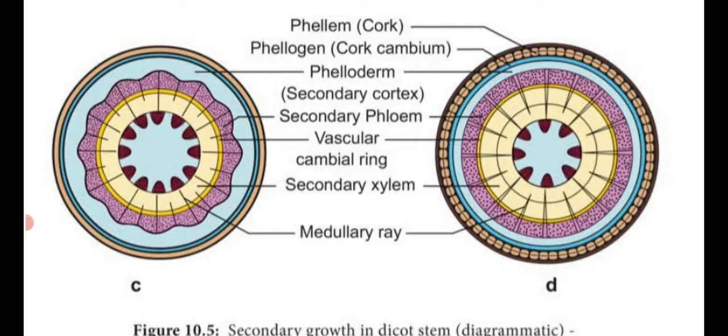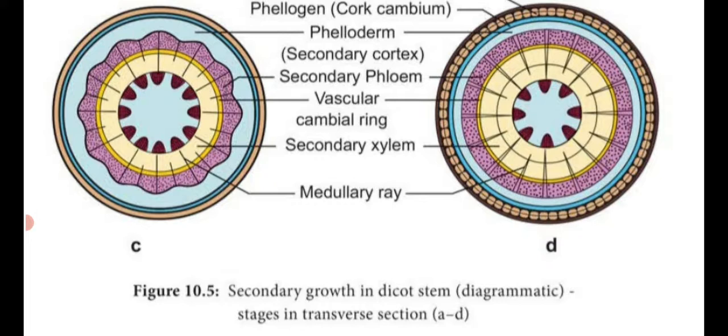Then outer to the secondary phloem, a light blue color region is known as phelloderm. Then the dark blue color layer is called phellogen or cork cambium. Then outer to the phellogen, a brown color layer is known as phellem or cork. So these are all the different layers present in the secondary growth in dicot stem.